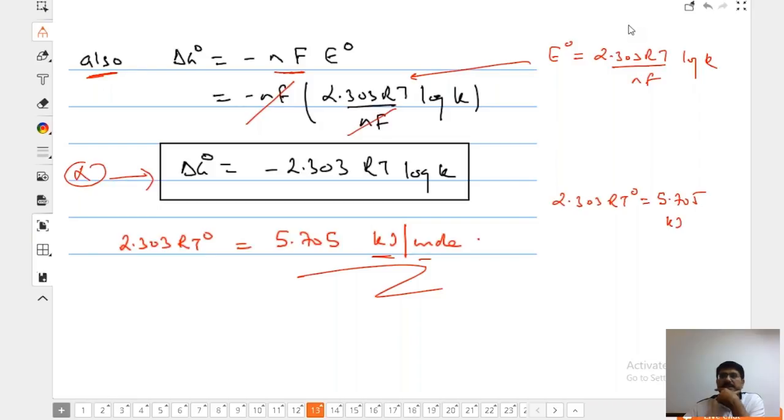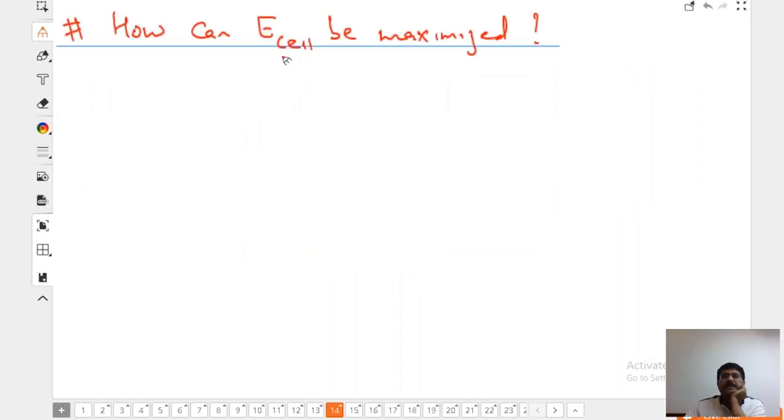Delta G does not remain the same. Delta G changes. See, how can E cell be maximized? Let's go to the basic equilibrium.